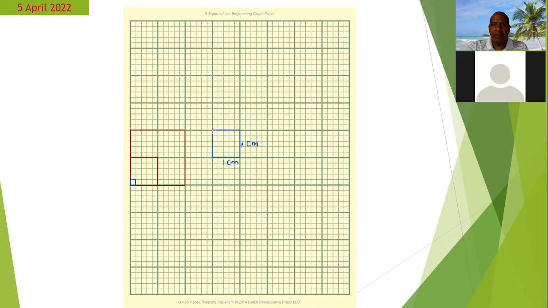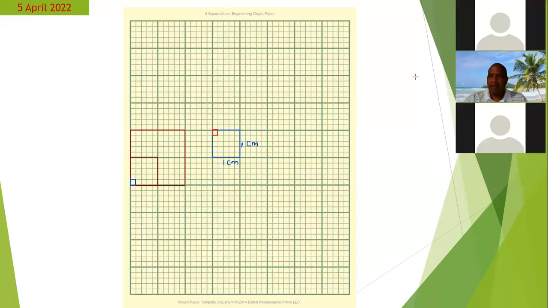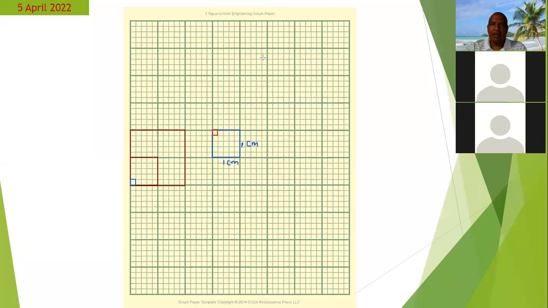Go ahead, Miss Wilson, you were saying something about 0 point something. Are you there, Miss Wilson? Yes, sir. You can lower your hand, Miss Wilson. Oh, I'm sorry about that. Yes, sir. I was saying 0.25. 0.25 what? What unit of measurement are you using? Centimeters.